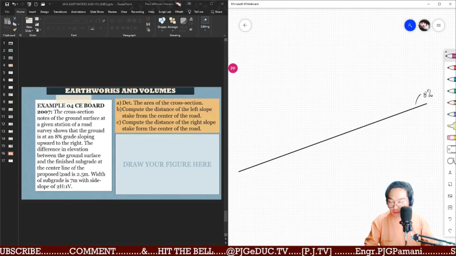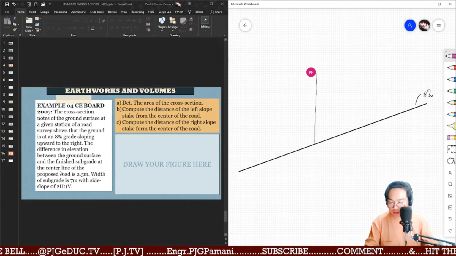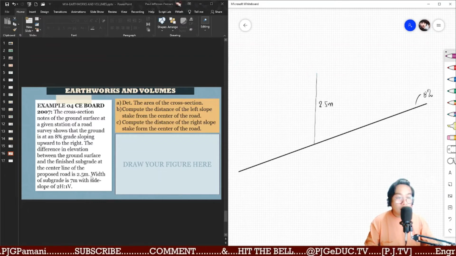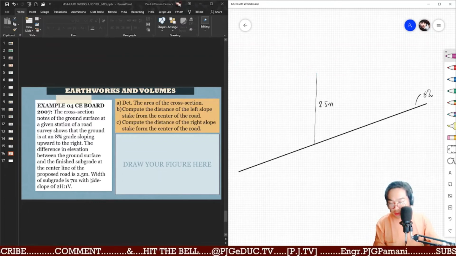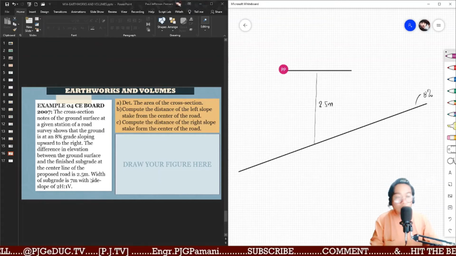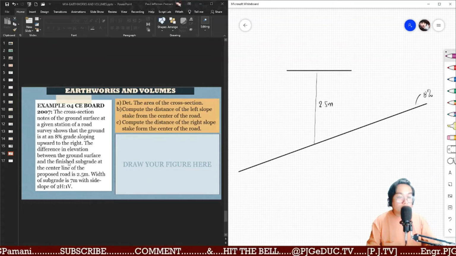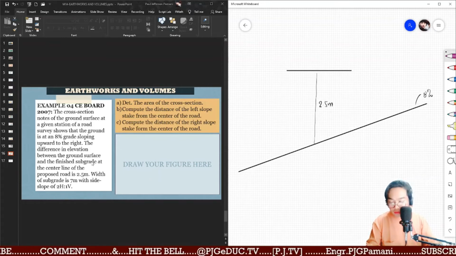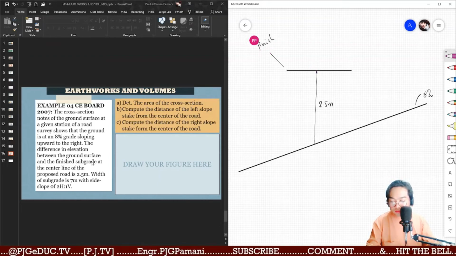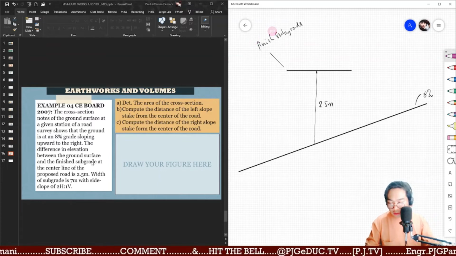Ito yung ating difference. Ito yung 2.5 meters. Okay? Width of subgrade is 7 meters. Ito yung ating roadway. Kasi sabi niya, yung difference is at the center of your subgrade. A center, ground surface, and the finish subgrade. Ito yung finish subgrade. Then, ito naman yung ating ground surface.